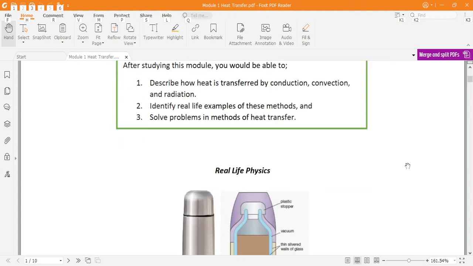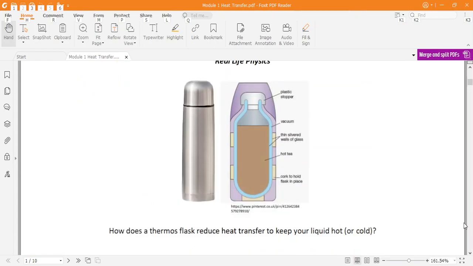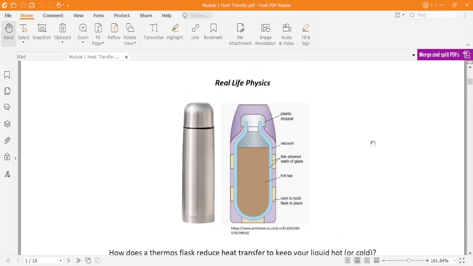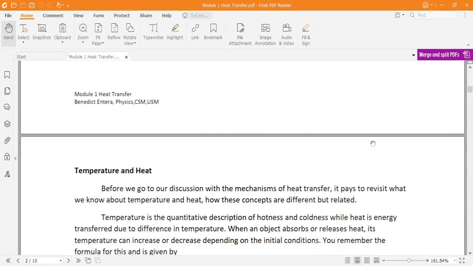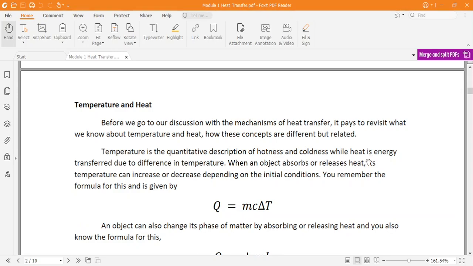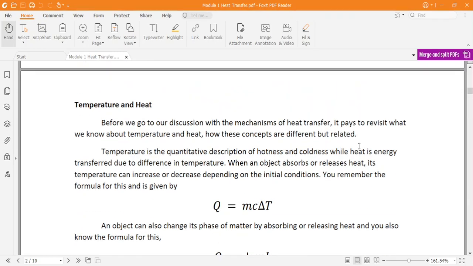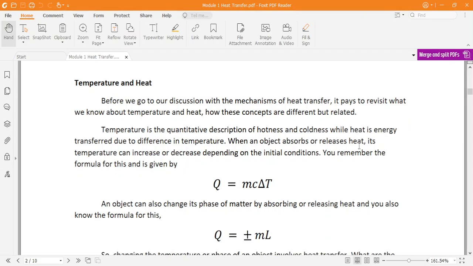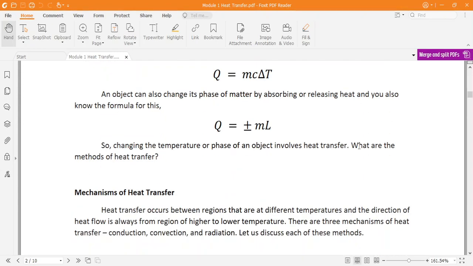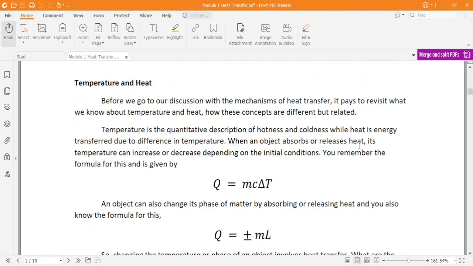So in this module we have this topic. We have this example in real-life physics, and then we have a preview, temperature and heat. I believe you have discussed this in your physics subject in senior high, STEM. This is the background.